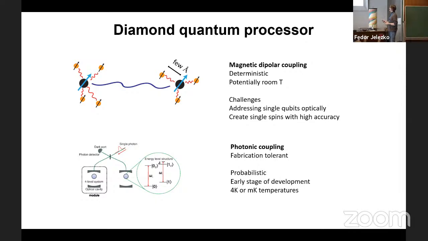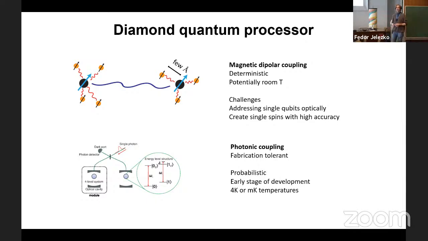But the scheme of generation of gates itself is probabilistic. So I need to say it's scalable, but it's not as robust or as fast often as the deterministic scheme that we have discussed here. And for silicon vacancy centers, it requires millikelvin operations.